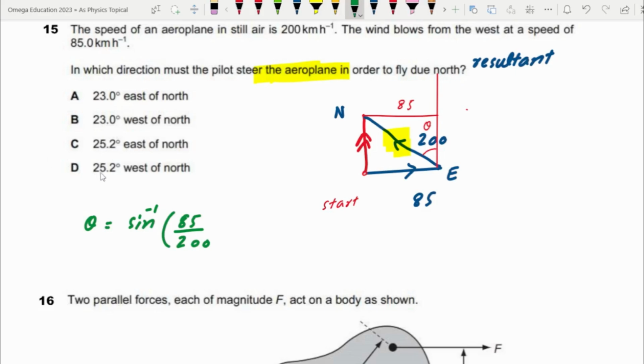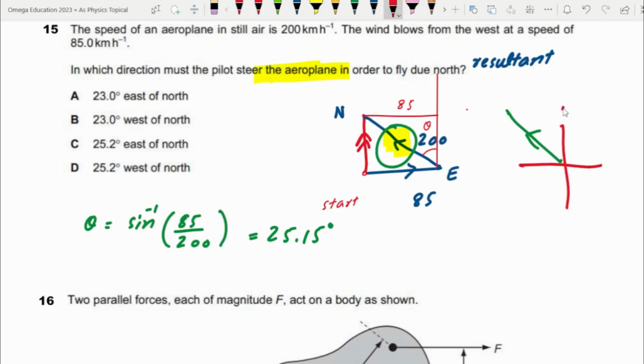To be exact, you get 25.15, which can be rounded off to 25.2. And what is the direction of this vector? The vector is in this direction, which is west of north. If you draw the plane over here, this is north, east, south, west. So this direction is west of north. So 25.2 west of north.